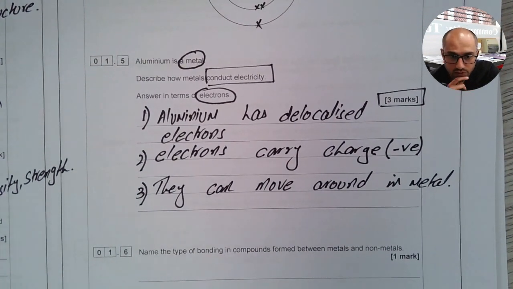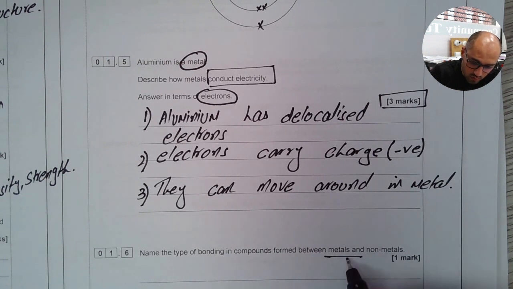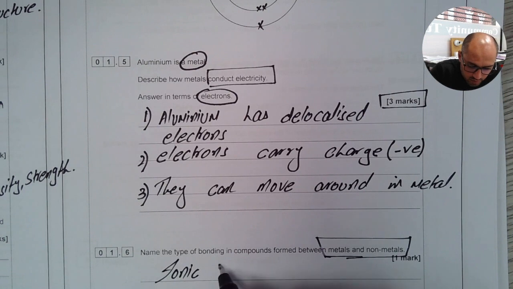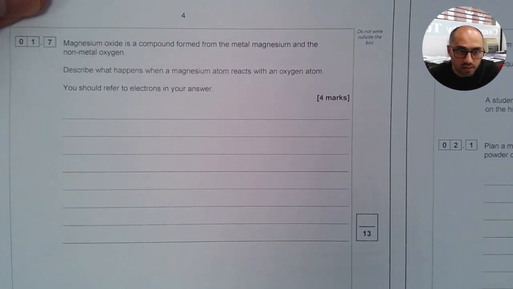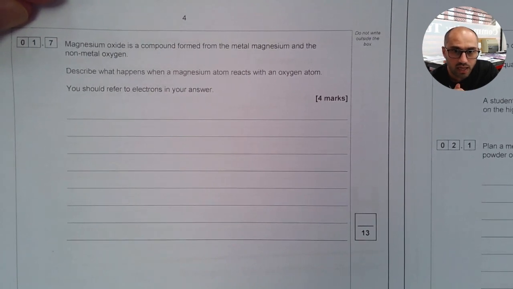Next part says name the type of bonding in compound formed between metals and non-metals. So whenever it is metal and non-metal, it will be ionic bond. Last part, it says magnesium oxide is a compound formed from the metal magnesium and non-metal oxygen. Describe what happens when a magnesium atom reacts.